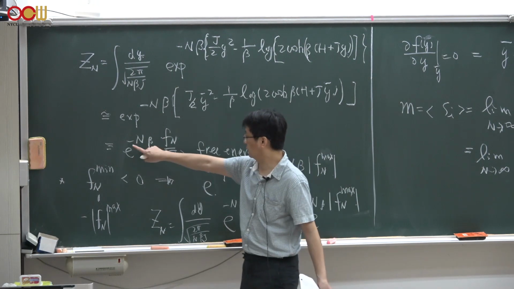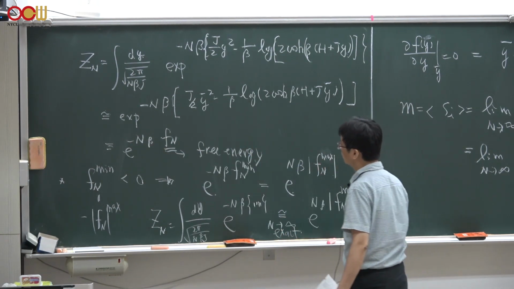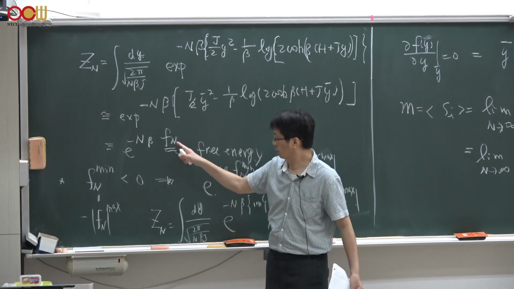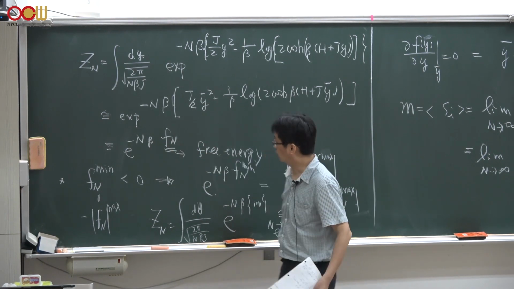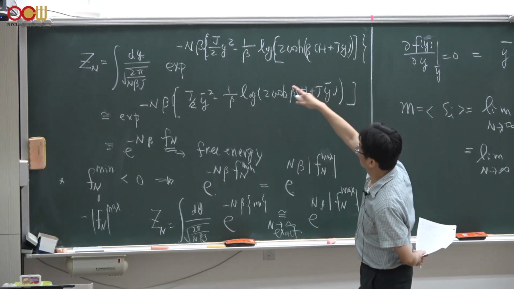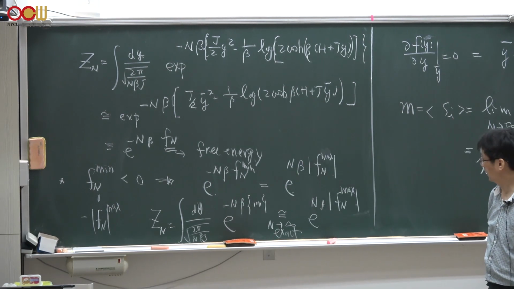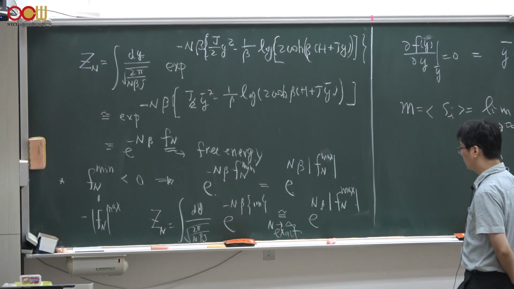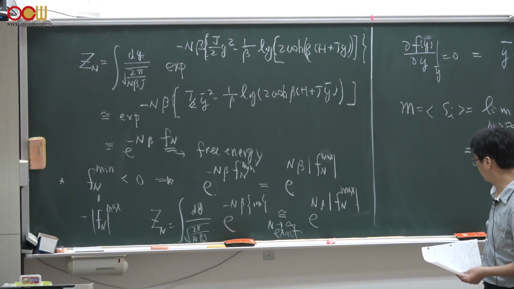Because there's a minus sign in front of the other factors, including this free energy, the minimum value of free energy is negative, so a double negative is positive. Which means that the partition function integral over dy at the saddle point, or minimum free energy point, has a positive value in the exponent of the exponential function.